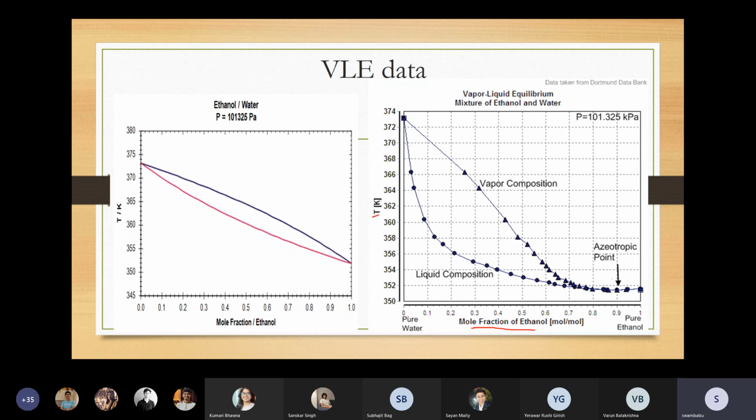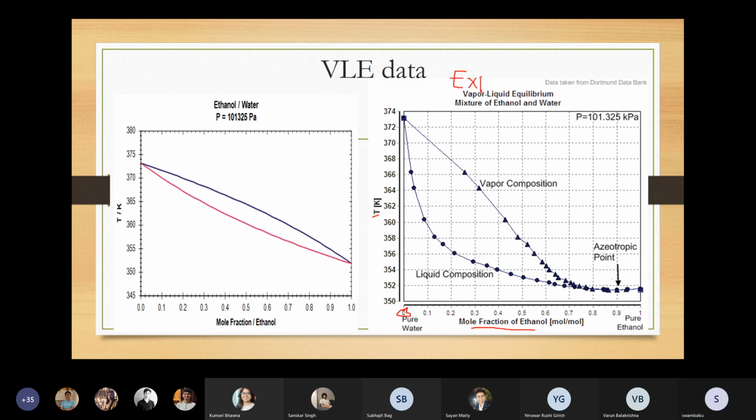Here pure water is at x equal to 0, that is no highly volatile component, only the low volatile component, water. The boiling point is 373, and this is the boiling point of ethanol, around 351 Kelvin.